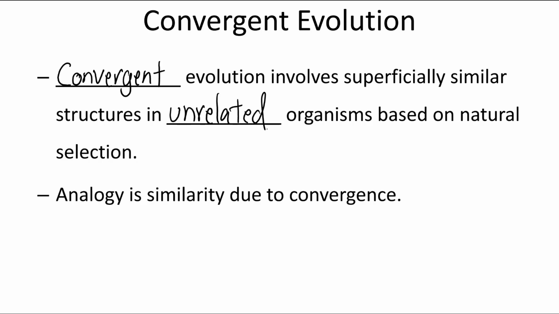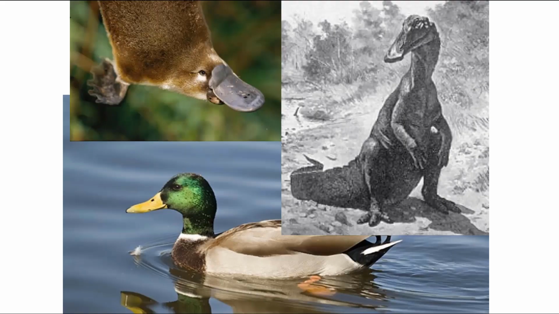So what's an example of convergent evolution? Well, if we look at a duck-billed platypus and a duck-billed dinosaur and a duck, they all have very similar mouth shapes, but there wasn't one common ancestral duck-mouthed ancestor that gave rise to these 3 different organisms. We're dealing with a dinosaur, a duck, and a mammal.